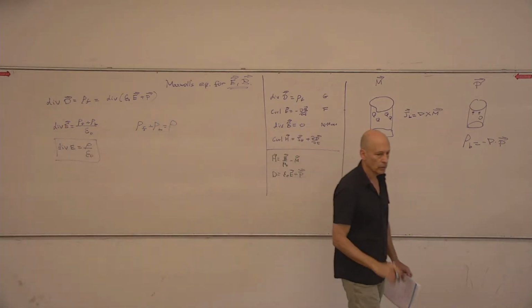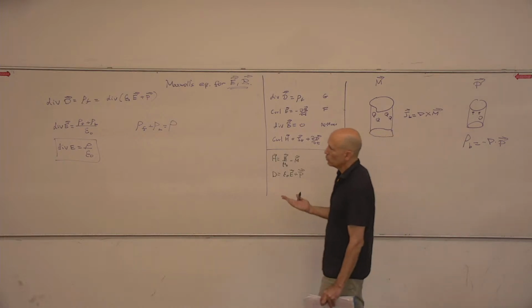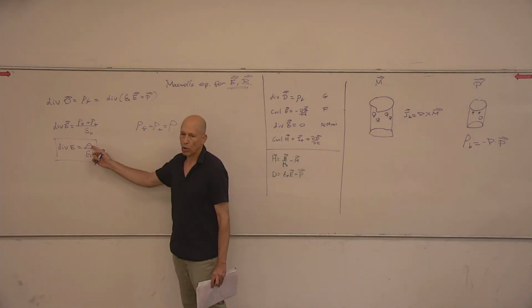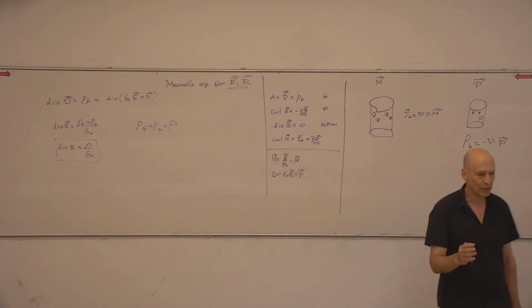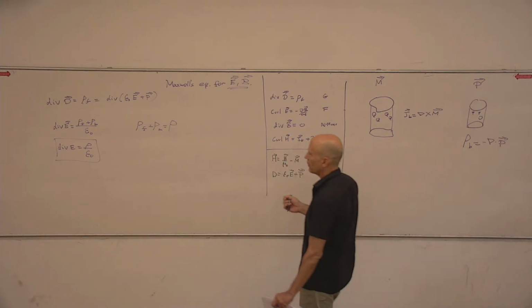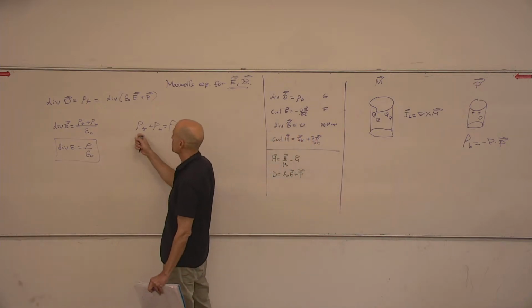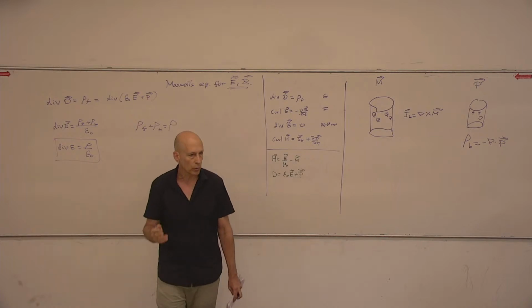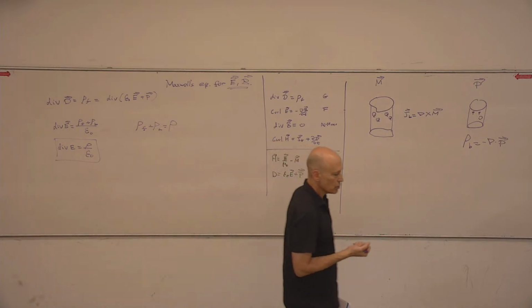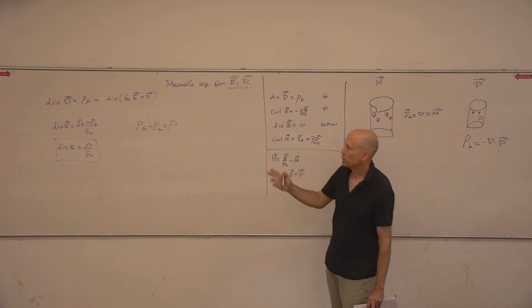There's no time here. But what did we learn? That this rho is not what you thought in high school, maybe. It is composed of two things: one is the polarization part and one is the free charge part that are moving around. Of course, now we can just say, okay, we have some rho.